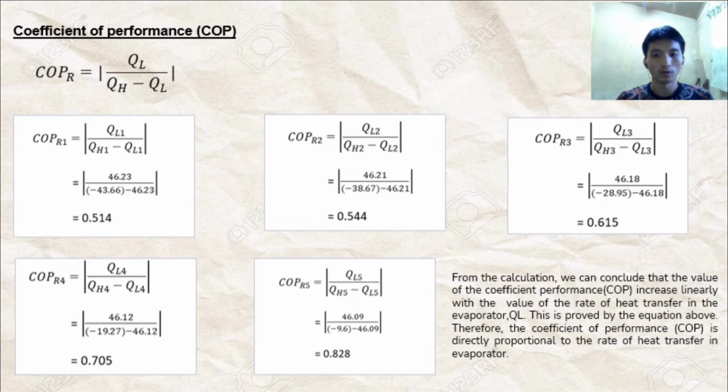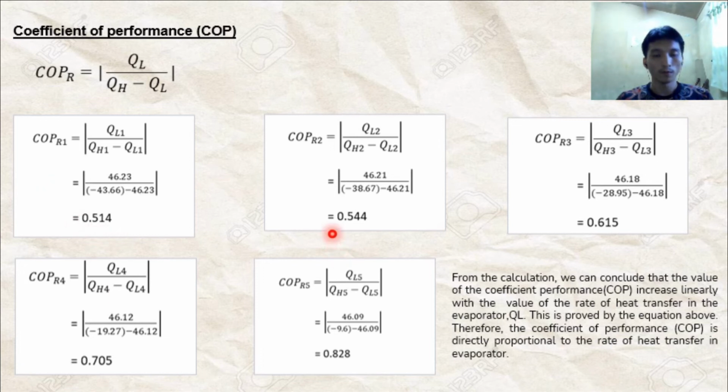Next we are going to calculate the coefficient of performance, which is COP. We use the data that we calculated before, the QL and QH, in this calculation. For refrigerator 1, the COP is 0.514.